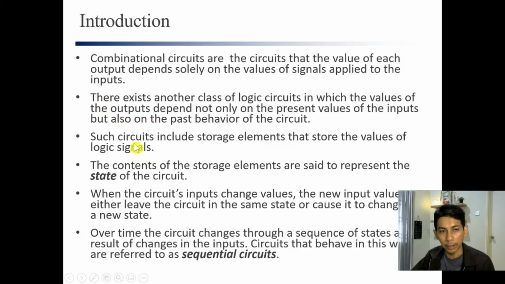But for a sequential circuit, the output depends not only on the present value of the input, but also on the past behavior of the circuit, the past output of the circuit, or we can say the memory of the circuit. That we call the sequential circuit.